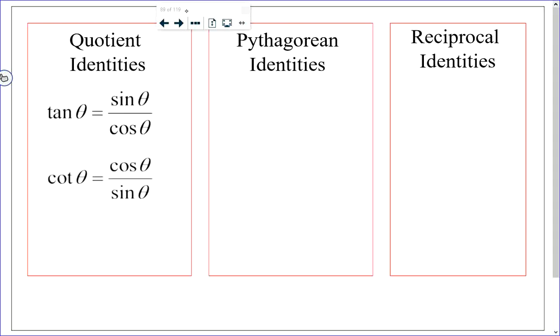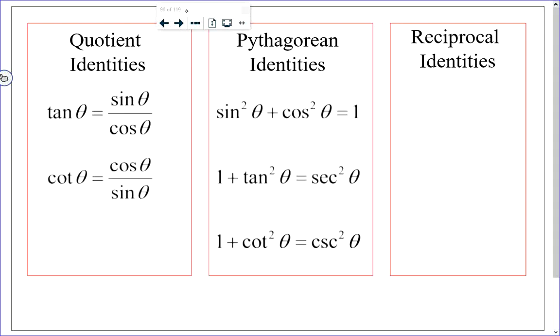So for any value of theta that's allowed, sine of theta over cos of theta will always give tan of theta. Of course, not every value will be allowed because you're not allowed to divide by 0. So cosine of theta is not allowed to be 0. But anyway, tangent theta equals sine theta over cosine theta, and cotangent theta equals cos theta over sine theta are called quotient identities. I think it's important that you know the names of those identities.